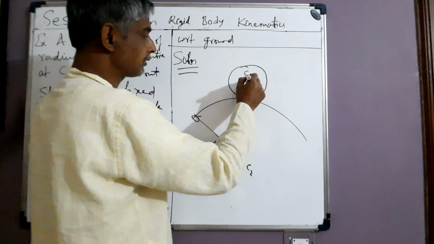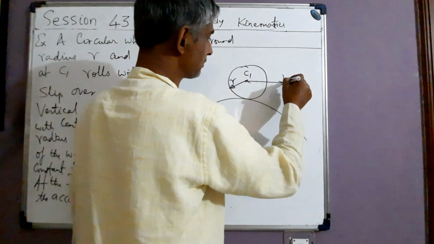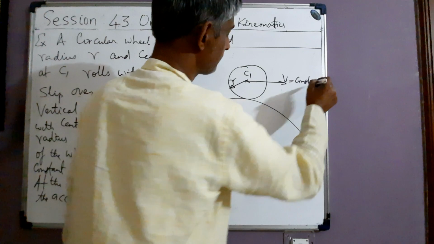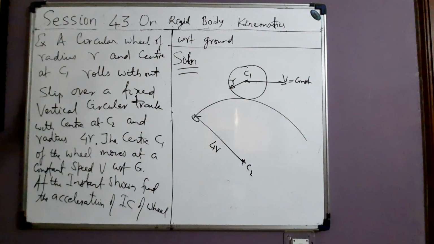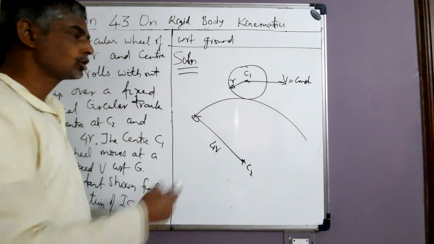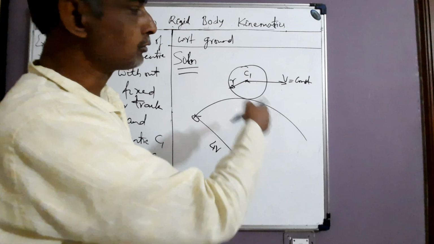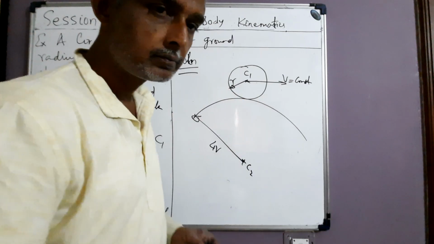C1 is the center of the wheel, r is the radius of the wheel. Center C1 moves at a constant speed v. The wheel undergoes pure rolling over this track, rolls without slip. So we have to find the acceleration of IC of wheel with respect to ground at the given instant.